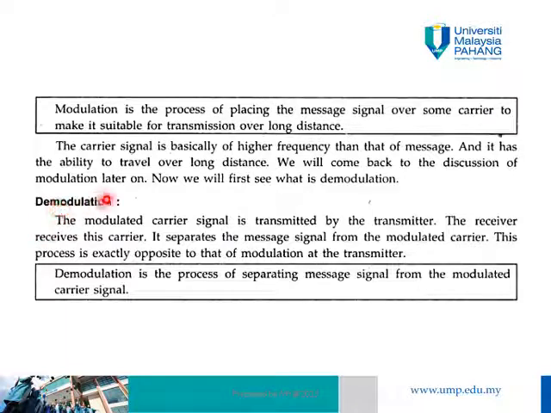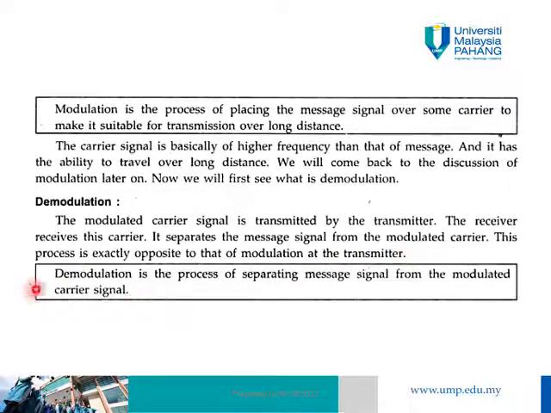Demodulation, on the other hand: the modulated carrier signal is transmitted by the transmitter. The receiver receives this signal, separates the message signal from the modulated carrier. This process is exactly opposite of modulation at the transmitter.